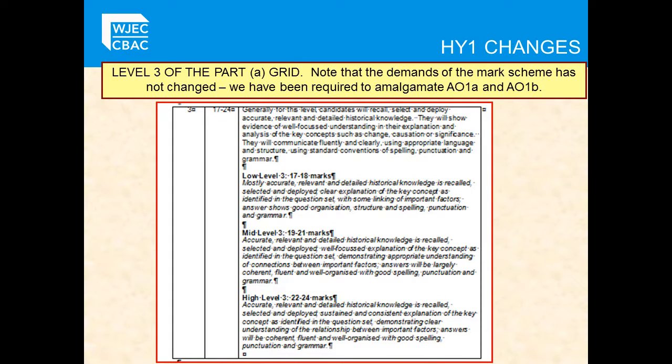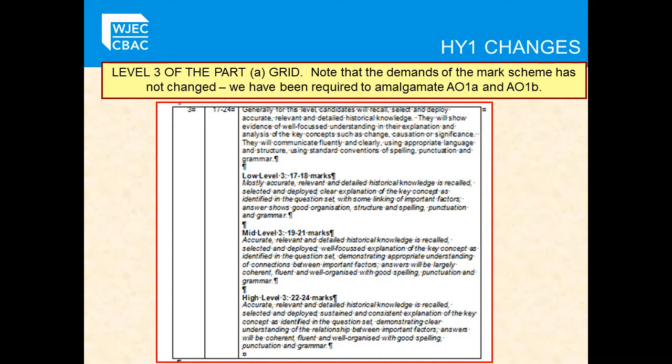At Level 3, we still expect that in addition to good quality written communication, candidates will select and provide supporting factual material while offering a linked and coherent explanation of the development of the event set in the question. The mark scheme demands that candidates need to make clear the relationship between factors making for change.